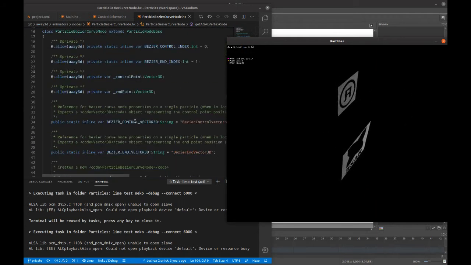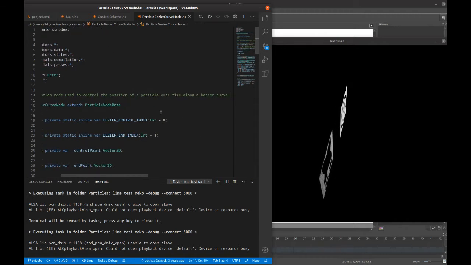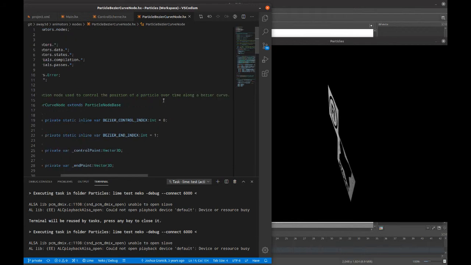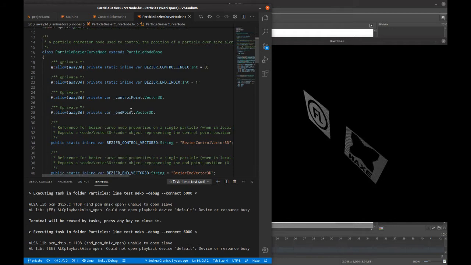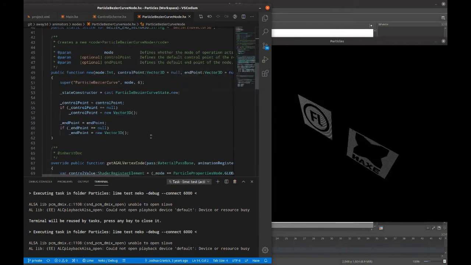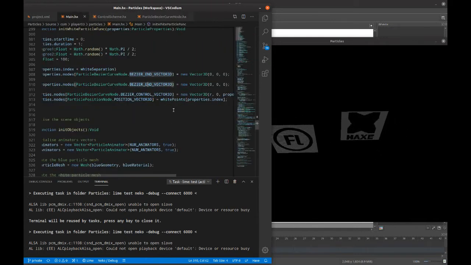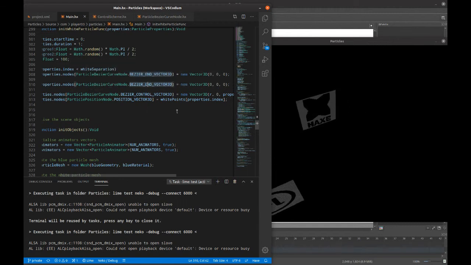Yeah, this is not entirely documented enough. I got that the point is to move the particle along a Bezier curve, but it's not acting like I expected.